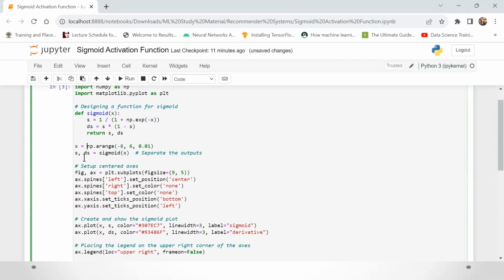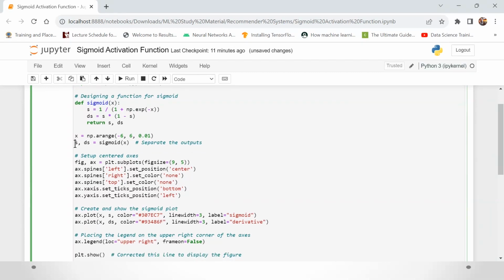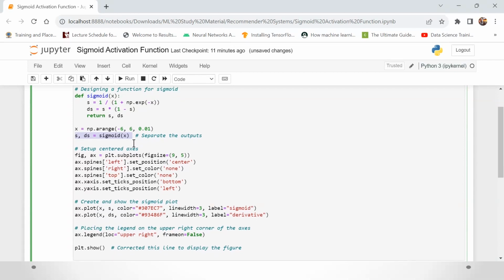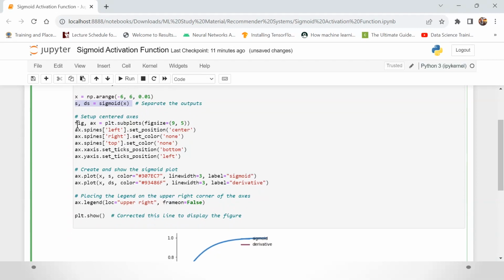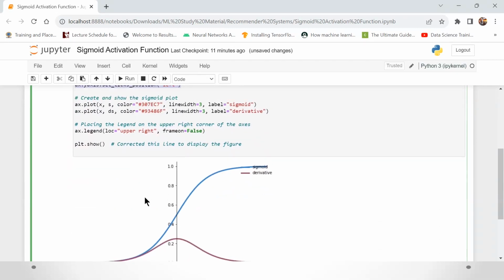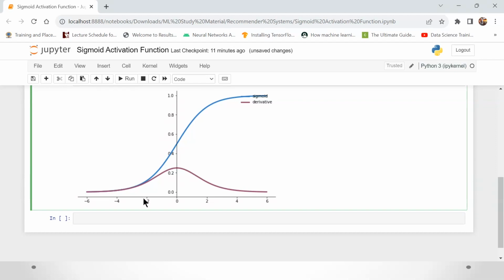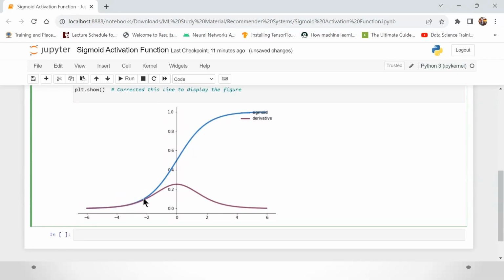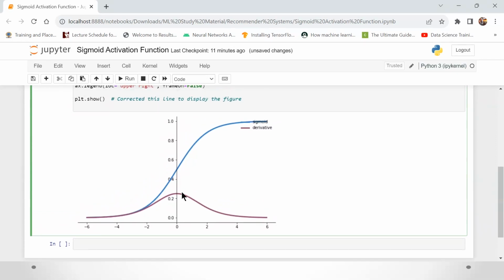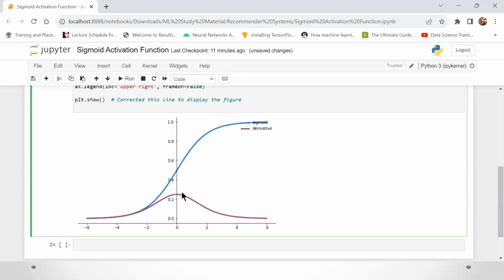Here we have defined the x array as values between -6 and 6, with a step of 0.01, and then we have defined values for s and ds, that is, s and the derivative of the sigmoid function. Then we have plotted the graph, and this is the graph that we will get when implementing the sigmoid function and the derivative for the array.